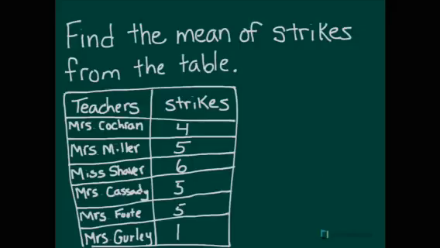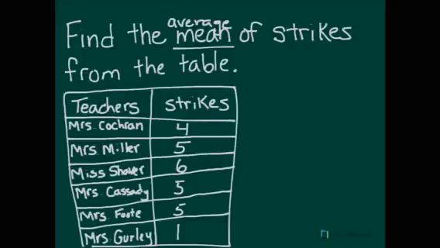Okay, for the second part of today's lesson, it says find the mean of strikes from the table. Remember, mean is just another word for average. So on one side of the table, I have teachers, which all of the 5th and 6th grade teachers went bowling last Friday.